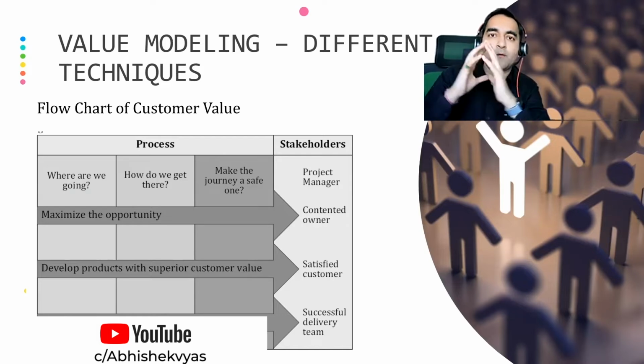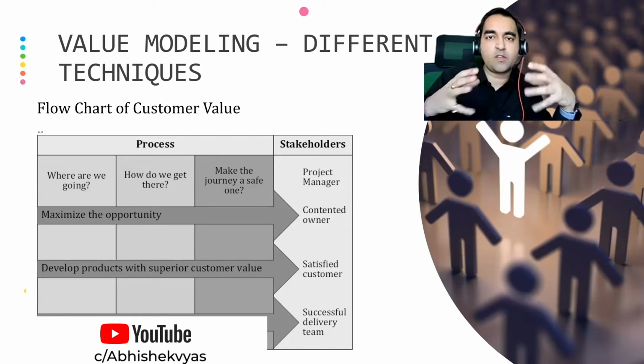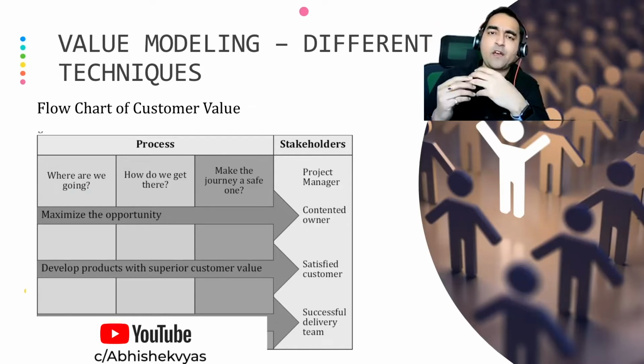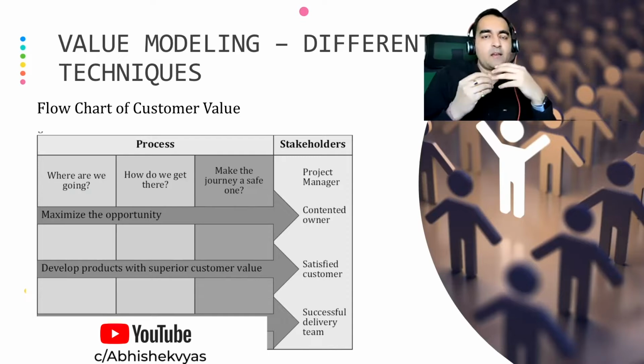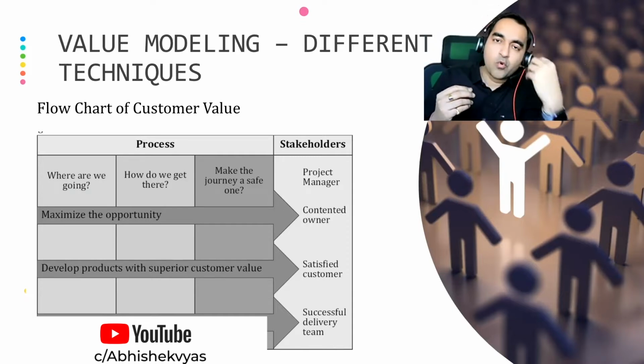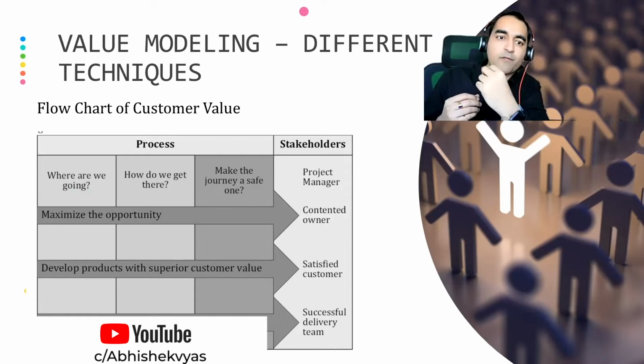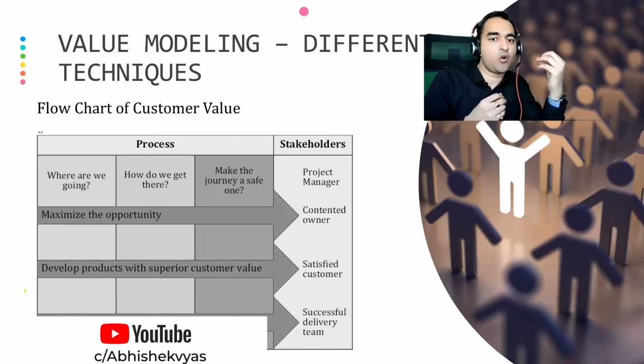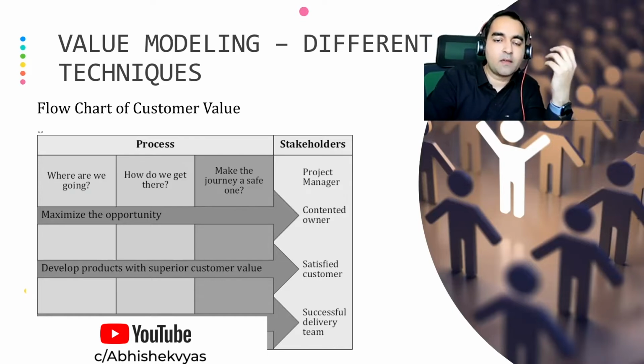And then we try to see what are the various values that we are trying to bring in, and at the end, to whom it essentially applies. So for example, maximizing opportunity is for the content owner, or develop product with superior customer value. If this is done, we get a satisfied customer.